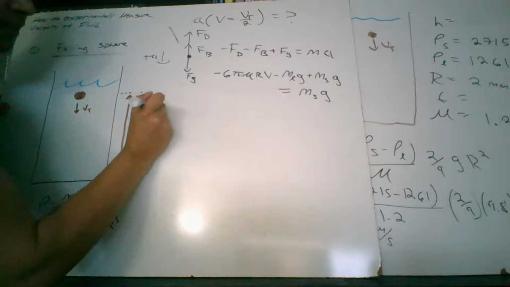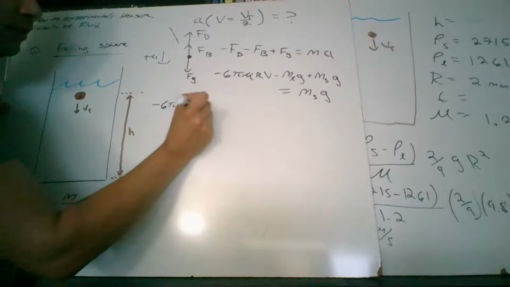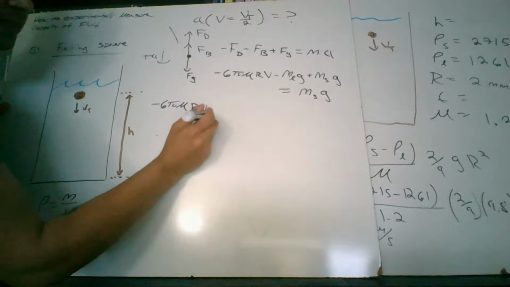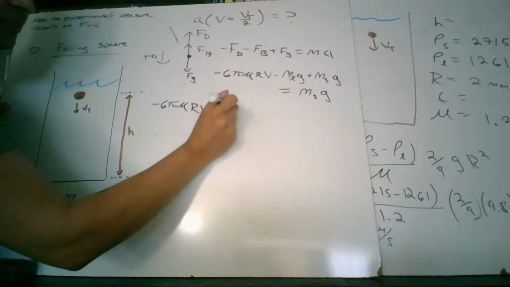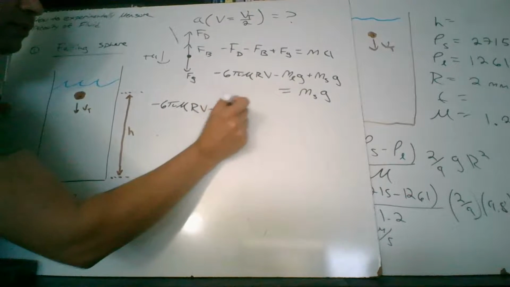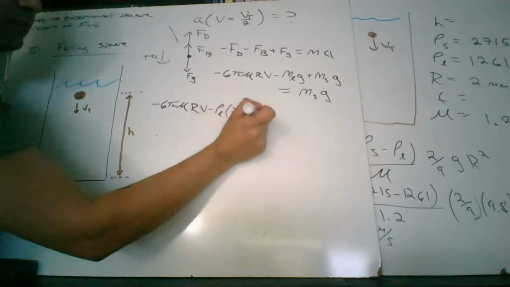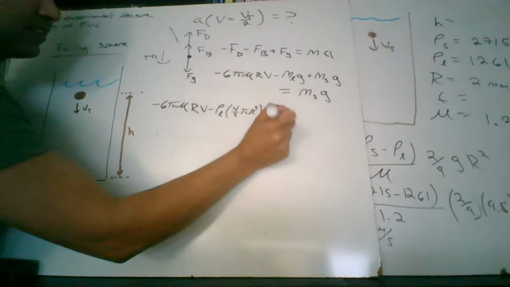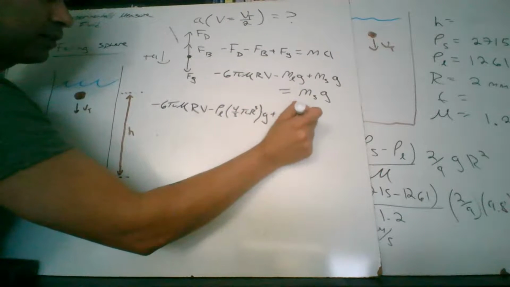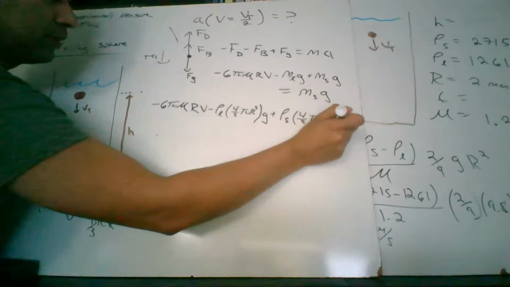It's going to be minus 6 times pi times mu r times v minus the density of the liquid times 4/3 pi big R cubed, so that's mass times gravity, plus the density of the solid times 4/3 pi big R cubed times g.